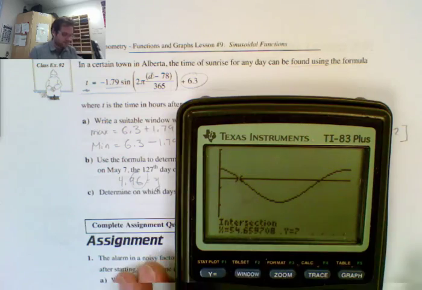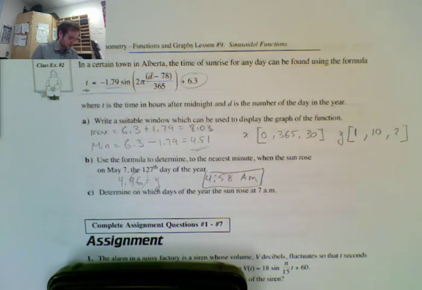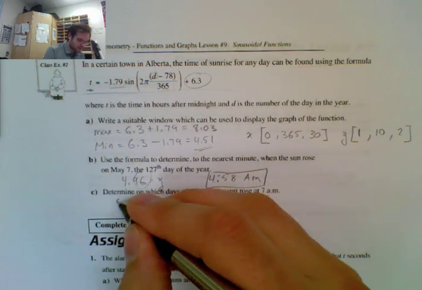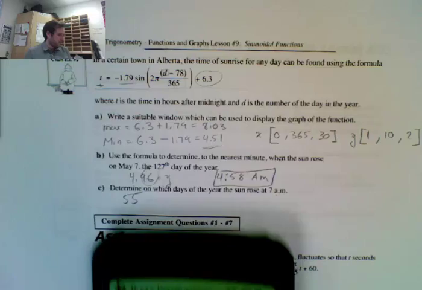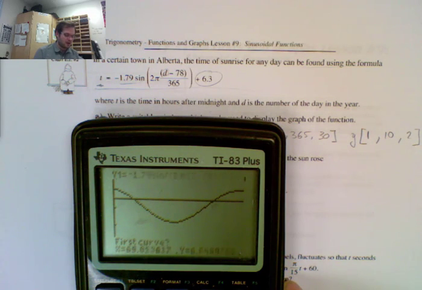I get 54, so it's the 54th day, or 55th day, you might say. So we get day 55, and my other one, I'm going to go calculate, I want my intersection, and go all the way over.